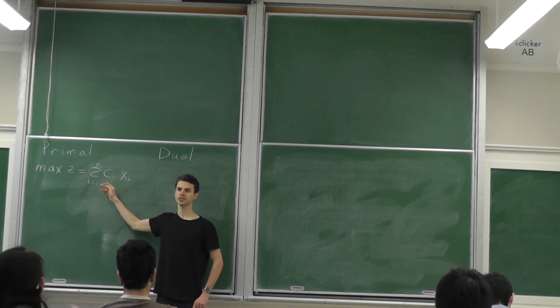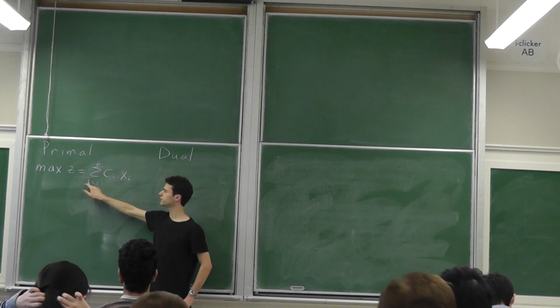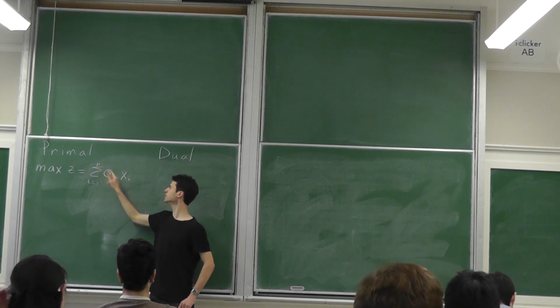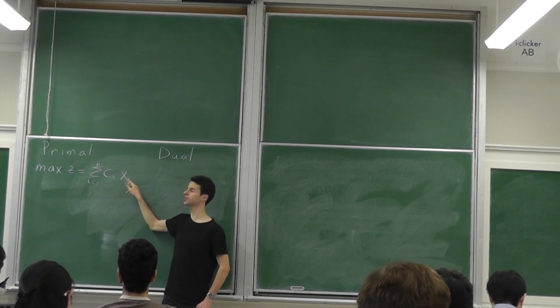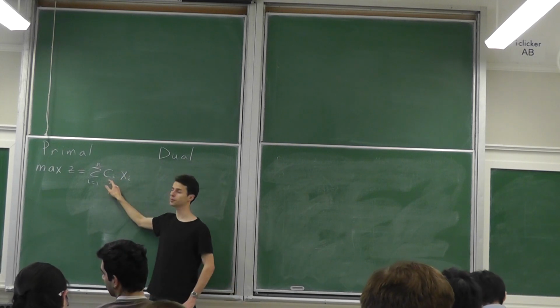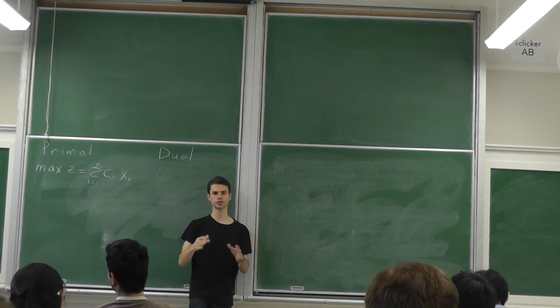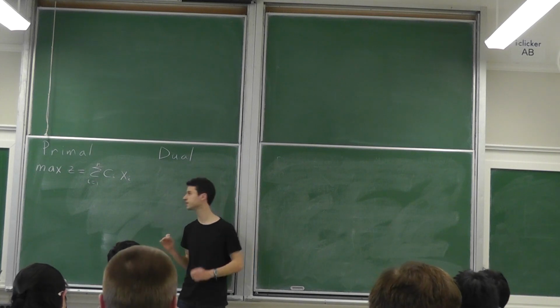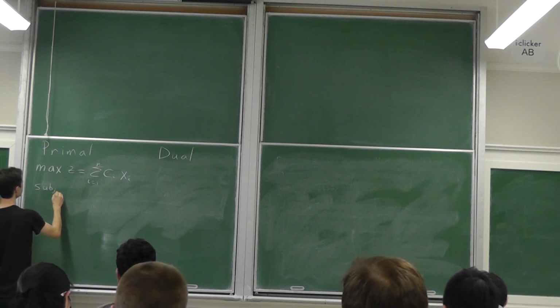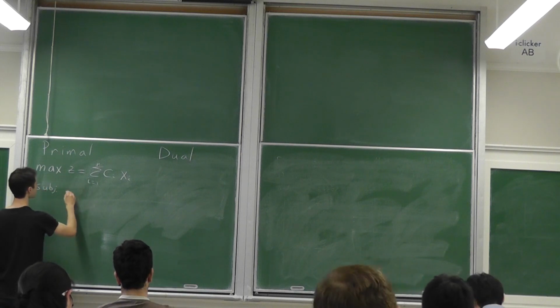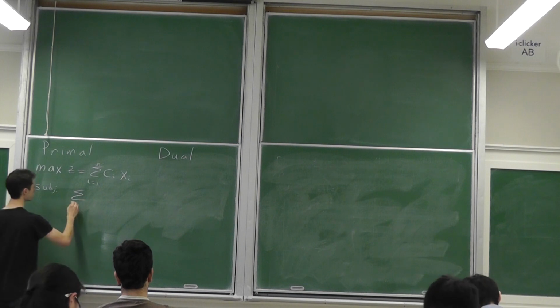It's sigma, standing for sum, for the variable from 1 to n, of the following expression: c with index i times x with index i. So it's the same as c1 x1 plus c2 x2 plus and so on up to cn xn. And the constraints are subject to the following constraints.